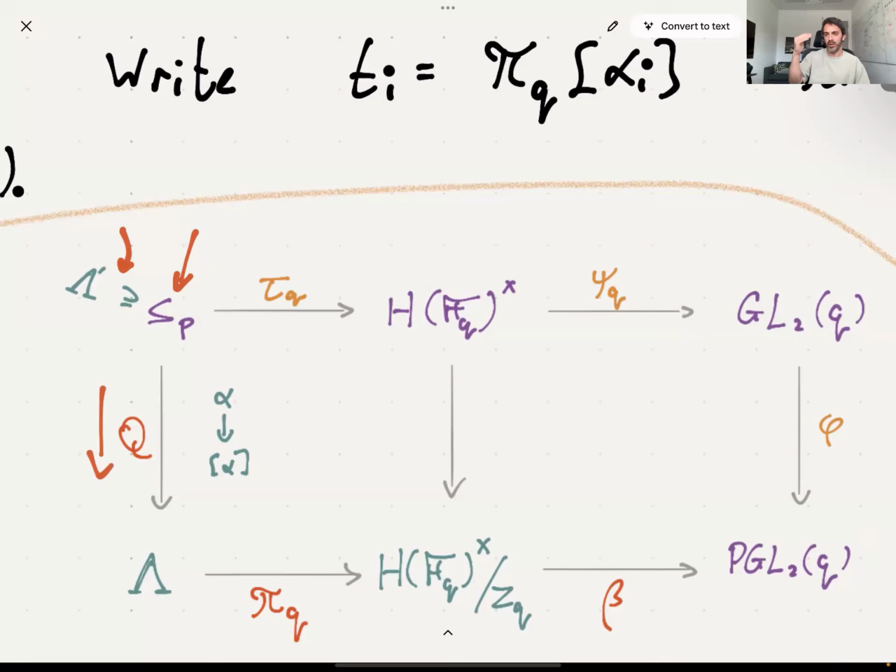It takes an alpha to its class with respect to this weird equivalence relation. So you go to lambda like that, and then from lambda, you use pi q, which is just tau q descended to the quotients. So tau q was just, take modulo q, and we show that this map is well defined when you go down to the quotients. Okay, so we said that this diagram commutes and also this one.